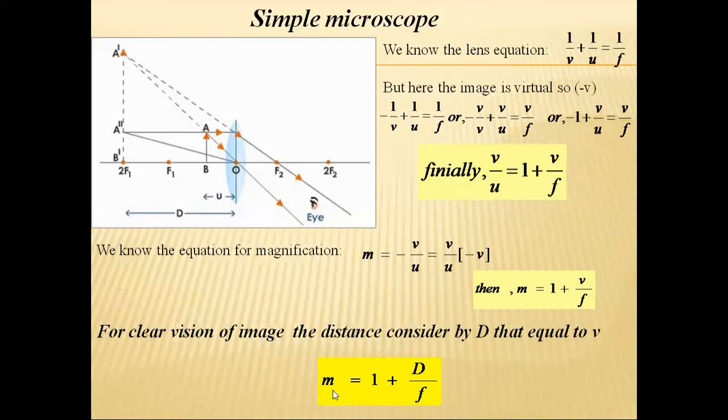So in a simple microscope, the magnification equation is m = 1 + d/f.